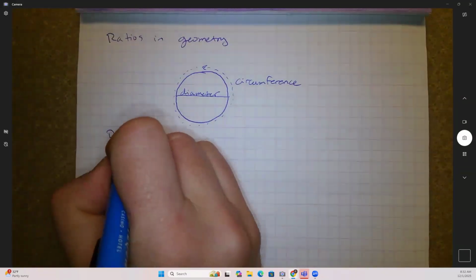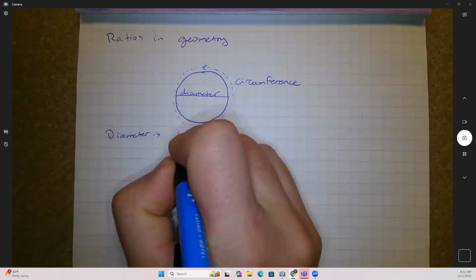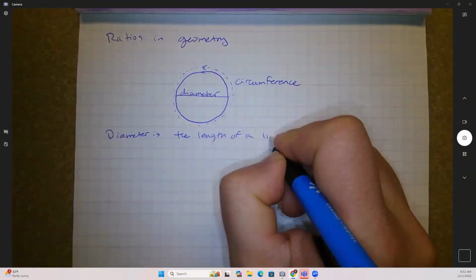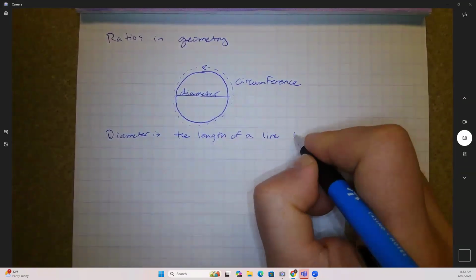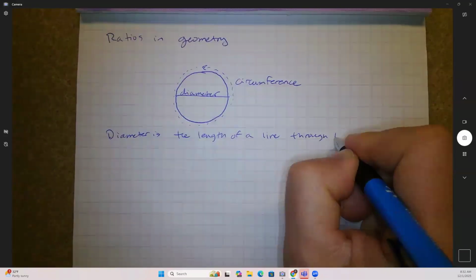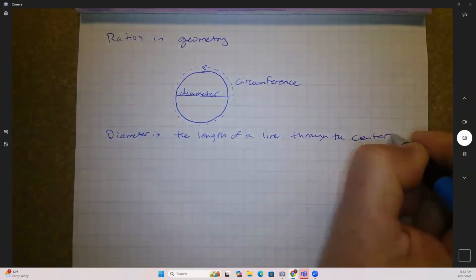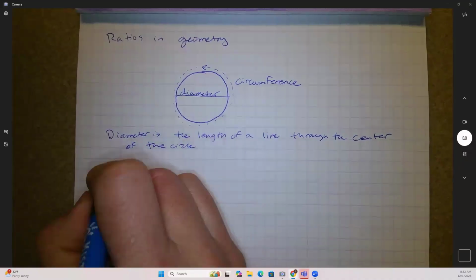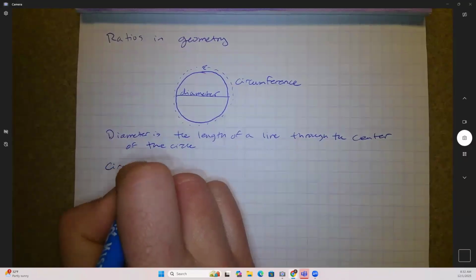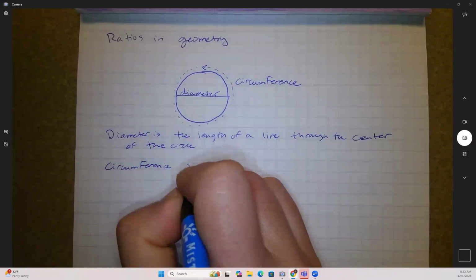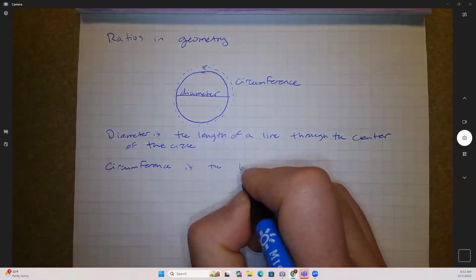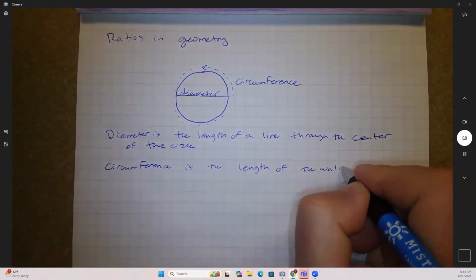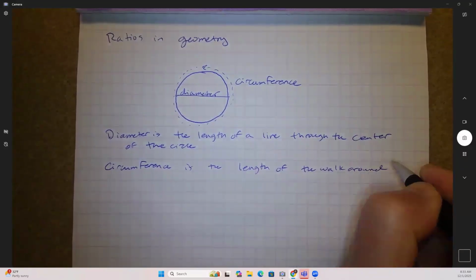So the diameter is the length of a line through the center of the circle. And the circumference is the length of the walk around the circle.